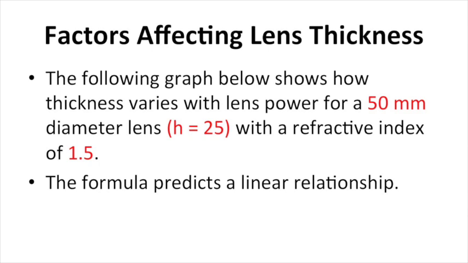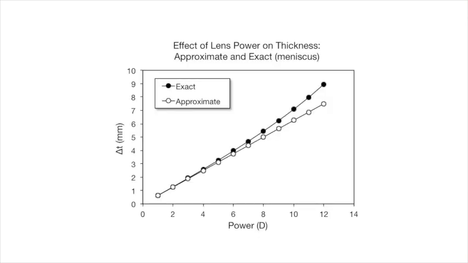So our formula is going to predict a linear relationship between delta t, the change in thickness between center and edge, and the power of the lens. So here's a nice plot. I've actually shown you two lines here.